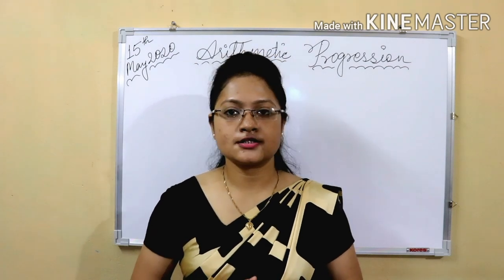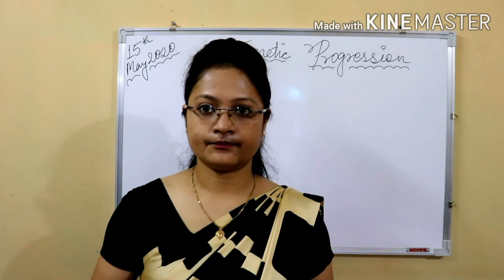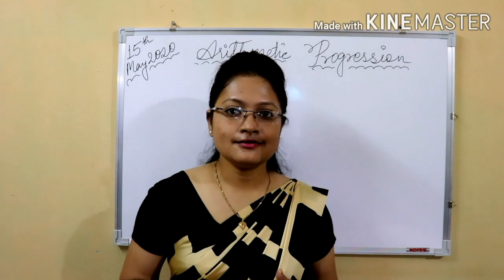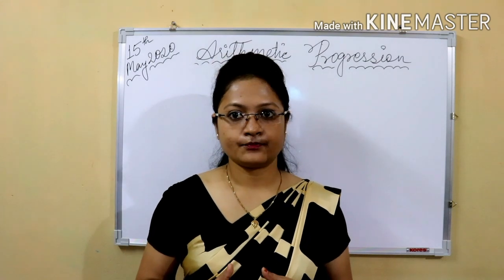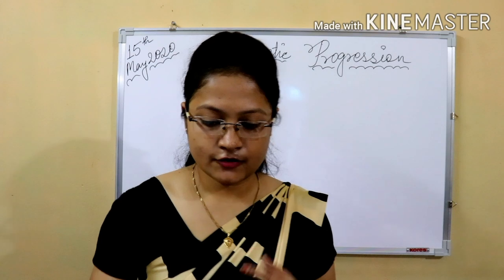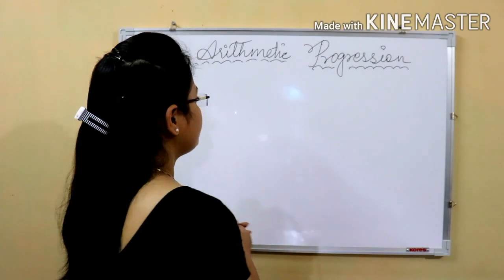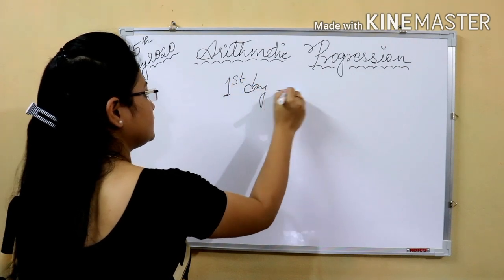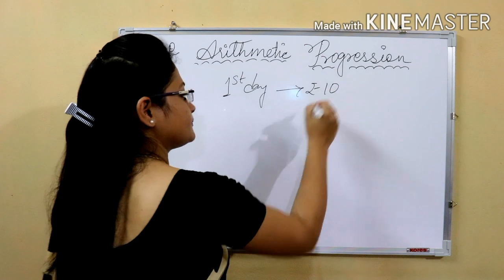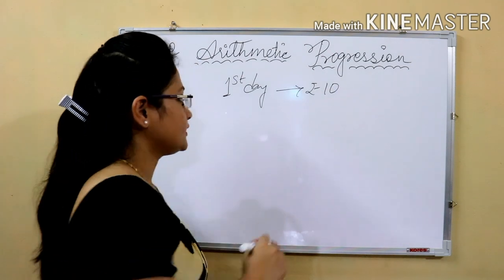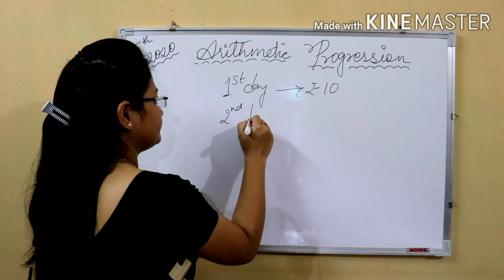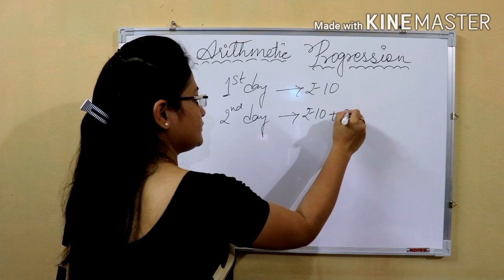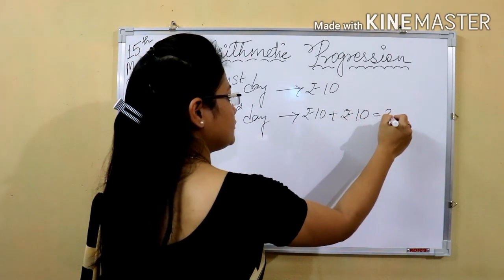Real life situations such as this: suppose a boy, Ravi, deposited ₹10 every day in his piggy bank. First day, he has deposited ₹10. Second day, ₹10 plus 10 will give you ₹20.